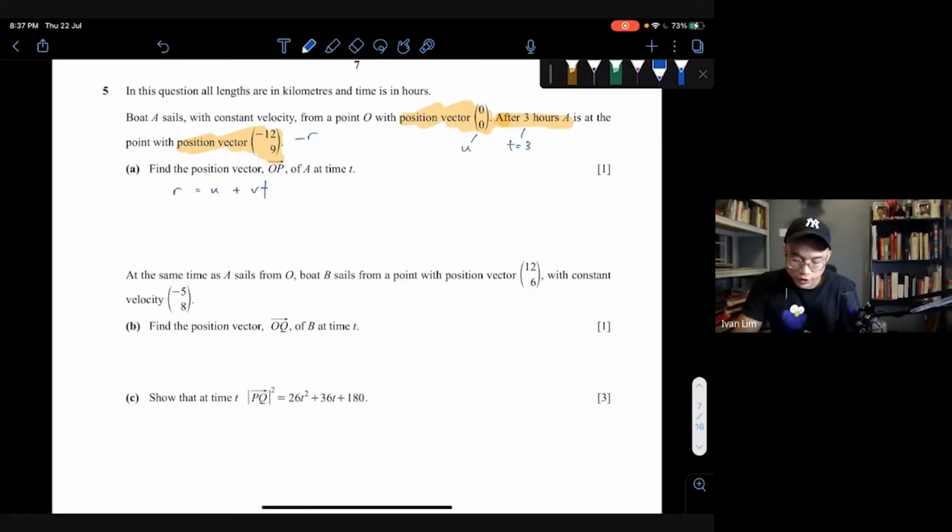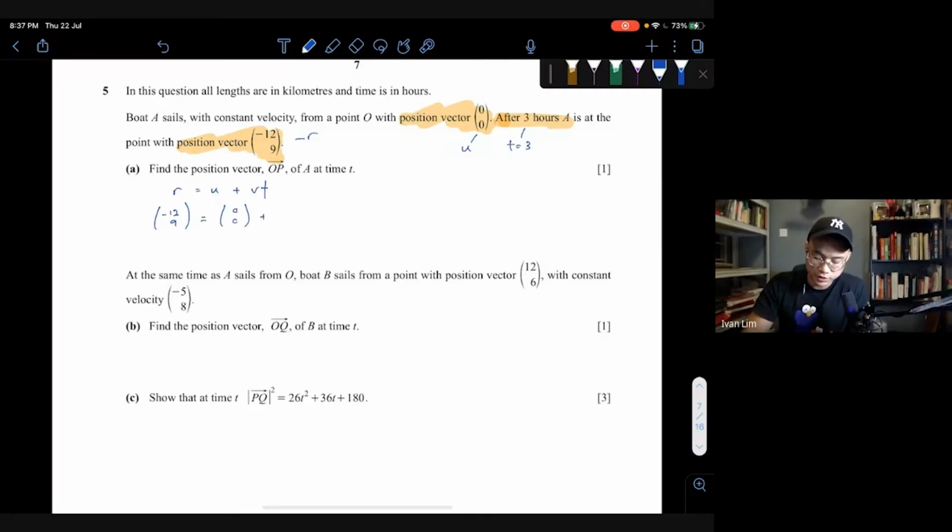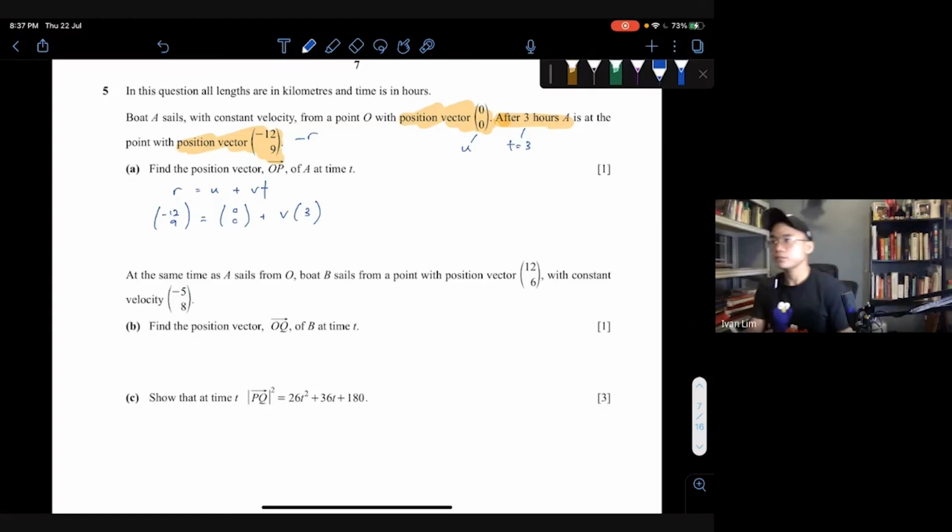Okay, so what can I find from here? They want me to find position vector OP of A at time T. That means I want a general equation to express OP in terms of T. But the problem is now I don't have V. Okay, so I need to find what is V first. So -12, 9 equals to 0, 0 plus V times 3.